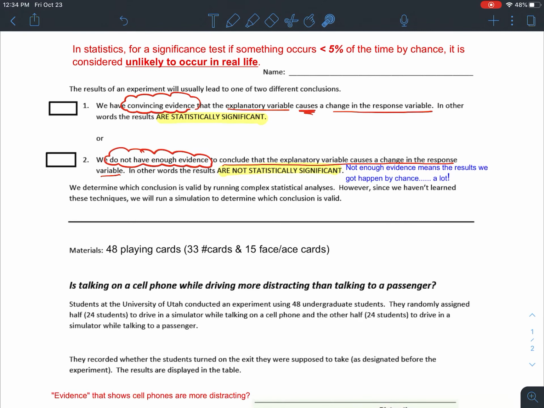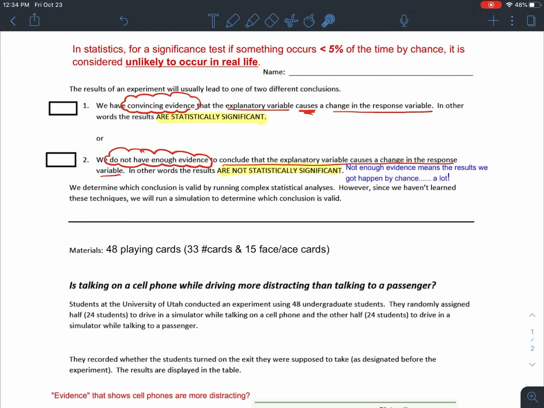We're able to see whether the treatment groups were somehow lopsided without us knowing, so that it wasn't really the explanatory variable causing the change in the response variable. When we used the hat method or the coin method to randomly split these people, it just happened by chance that the groups were lopsided in that way.